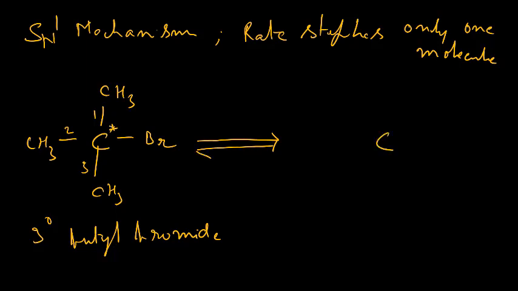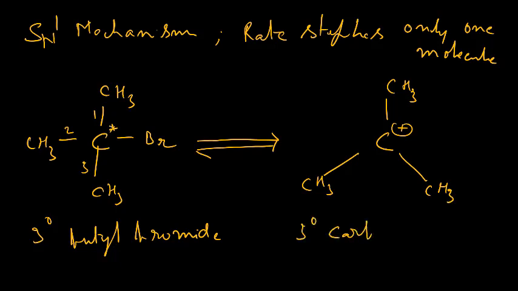As the bromide ion comes out, the carbon atom gets a positive charge here. Therefore, this is referred to as a tertiary carbocation.